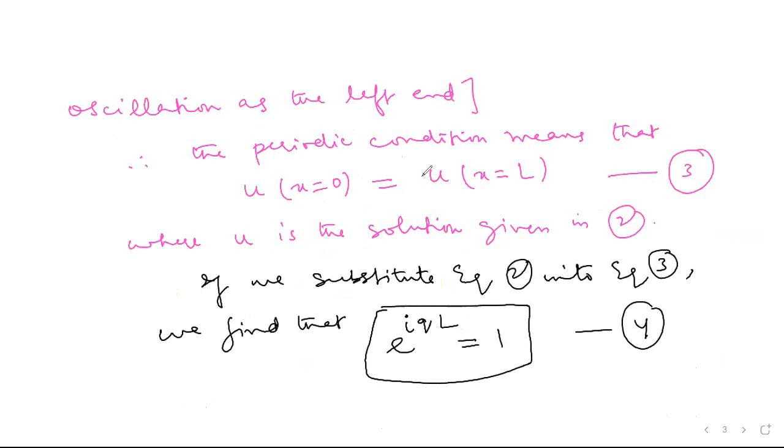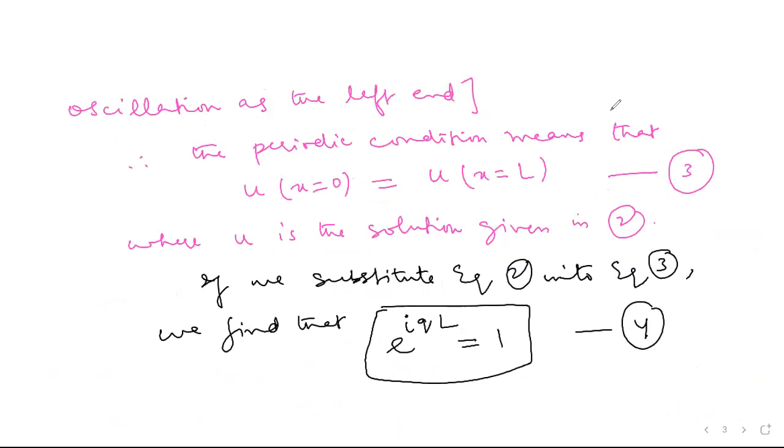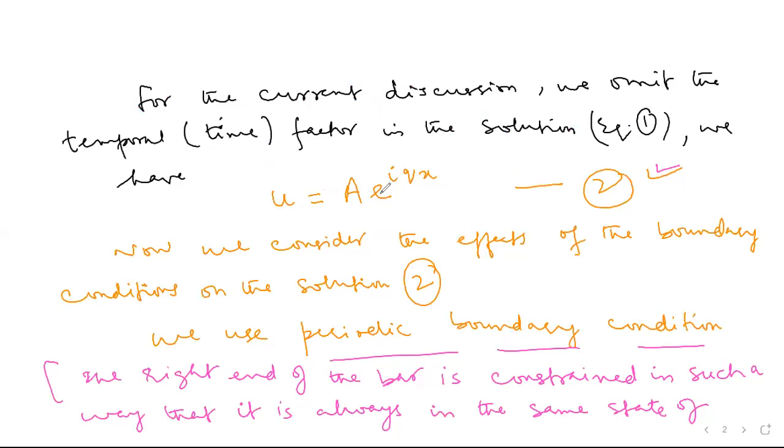Then in the right hand side, you write u of L, that is a e raised to the power iota ql, right? I will write it in the rough. You write a equal to a e raised to the power iota ql. Got it?